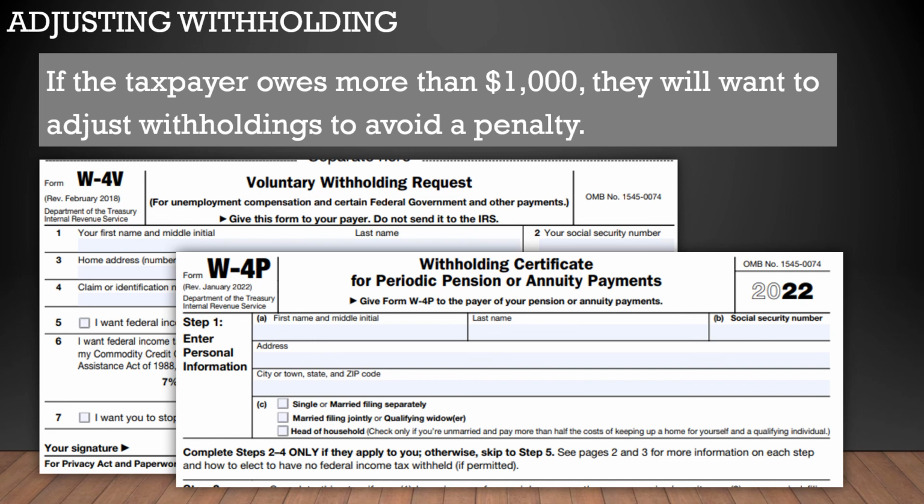So it's important for our clients to just know that they are in charge of those withholdings, and if they want to withhold more or less, that's something that they can control by filling out these forms.